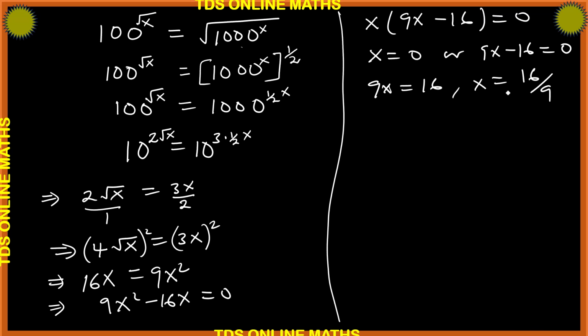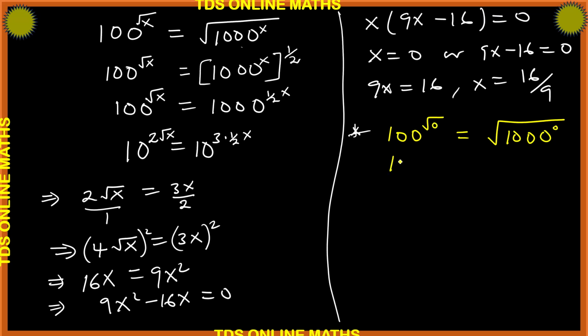Let's verify if our answers are correct. Let's start with x equal to 0. If I plug in 0 here, 100 to the power square root of 0, and I have the square root of 1000 to the power 0.